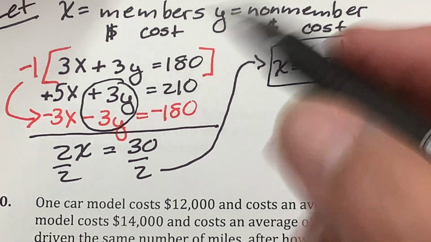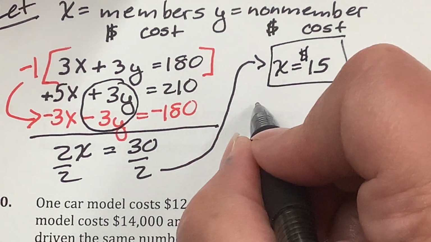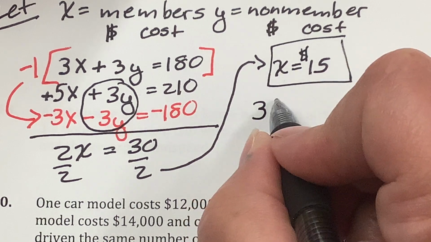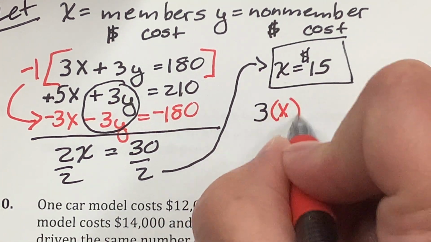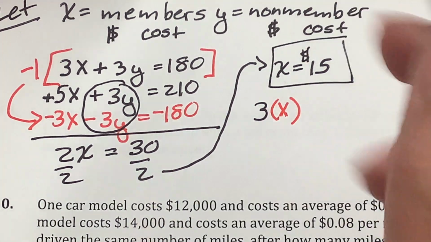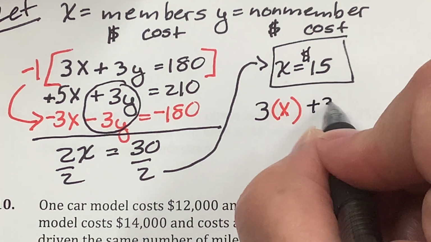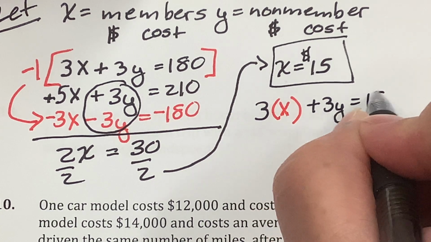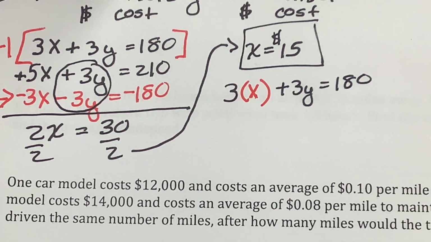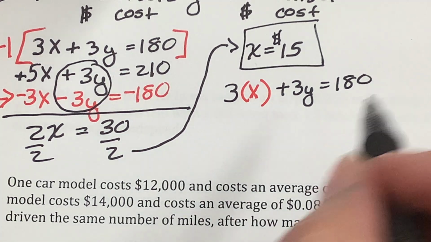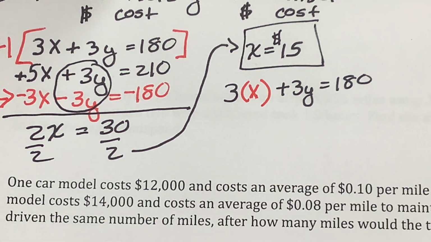And I can go back and substitute that into one of the equations. So 3, and I'll put the $15 for x, plus 3y equals 180. And remember, it doesn't matter which equation you pick, both of them will do. Why did I put x and not 15?